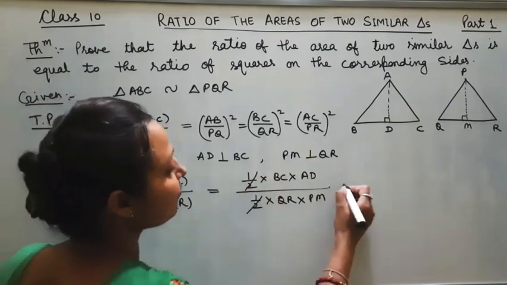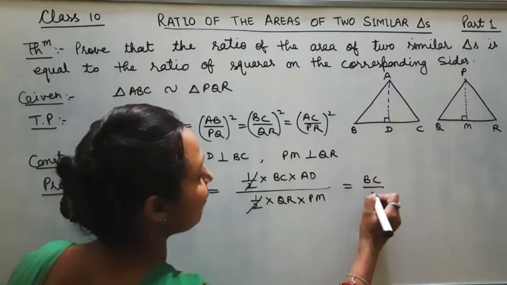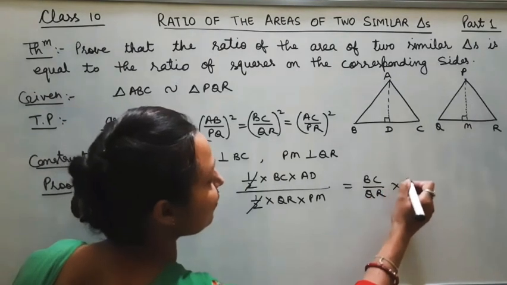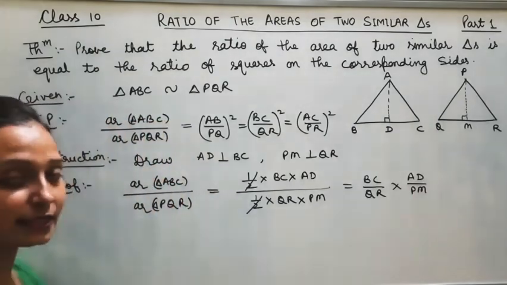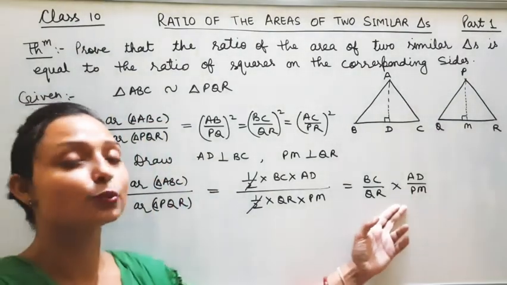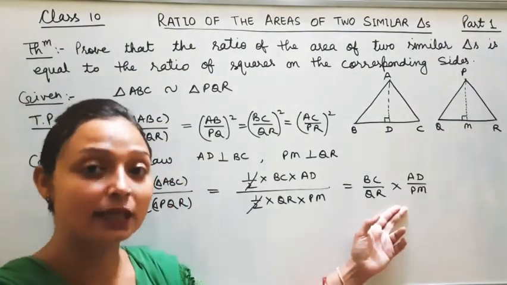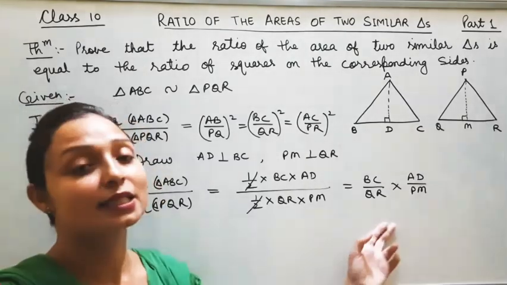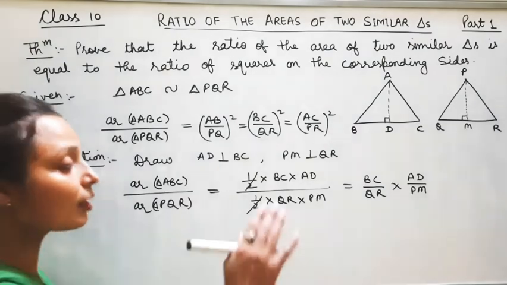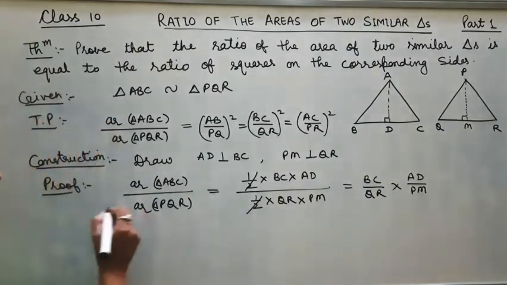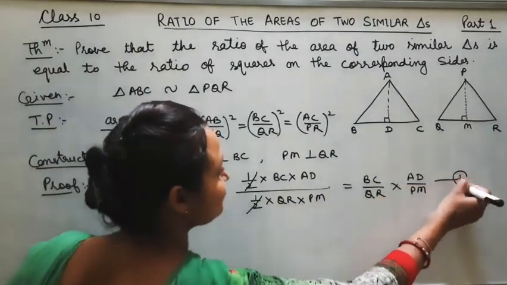This half and half will cancel, giving BC upon QR into AD upon PN. Now my next target is to equate these two terms to a single term, take the square of that, and prove this term. So I will name it as equation number 1.